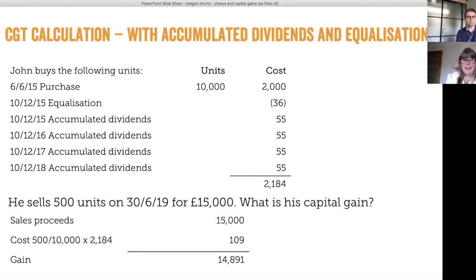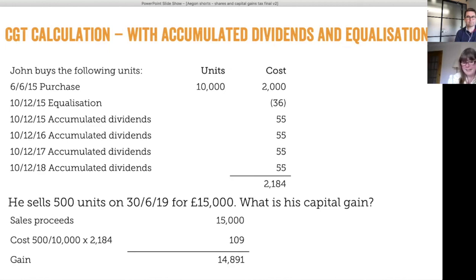And then you add on any dividends that are accumulated or reinvested into the fund. They are additional costs in the average or pooled cost calculation. So you can see here that over a number of years there are reinvested dividends.